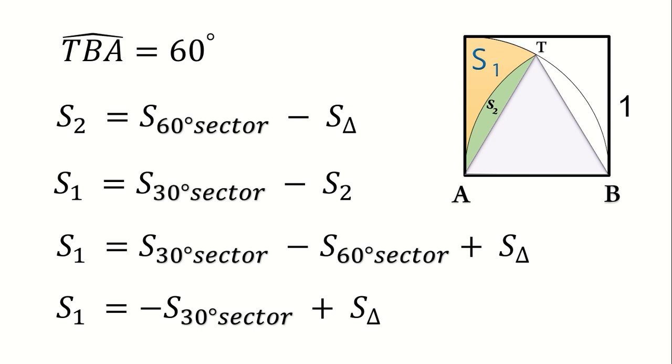So S1 here is given by the formula of minus S 30 degrees sector plus S triangle, because S of 30 degrees minus S of 60 degrees is equal to minus S of 30 degrees. So all we need is to get the S triangle and S of 30 degrees sector of the whole circle.